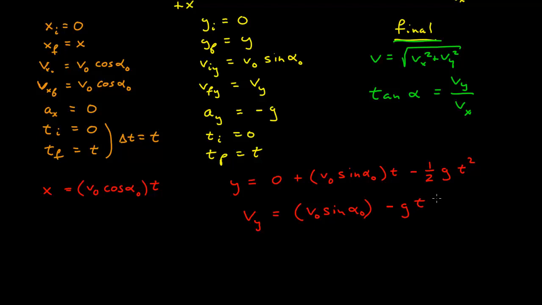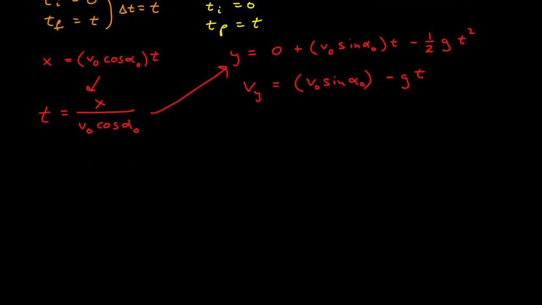So if we solve this for time, time is x over v naught cosine alpha naught, and then I'll substitute this into here for time. And what does that give us?